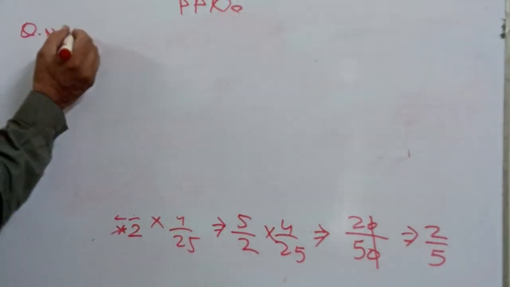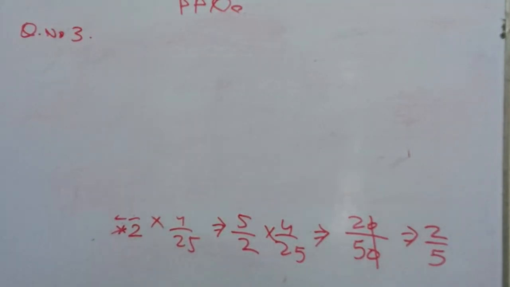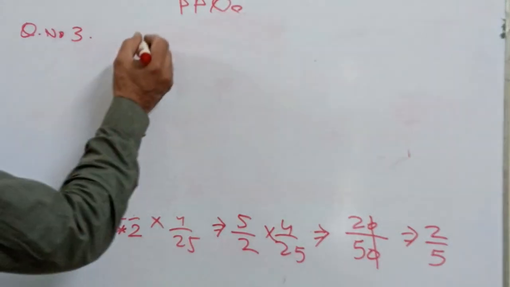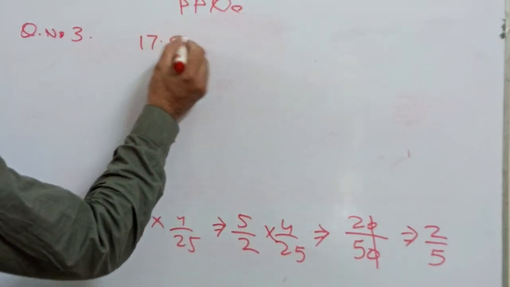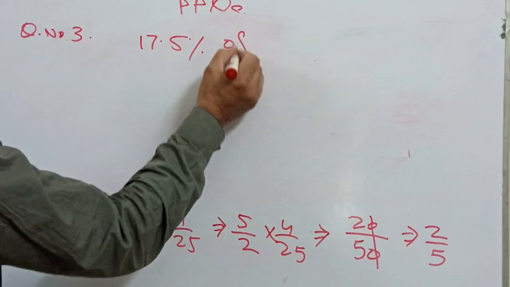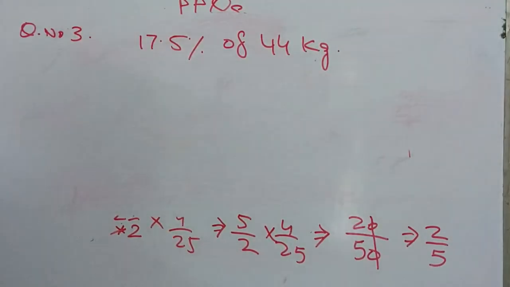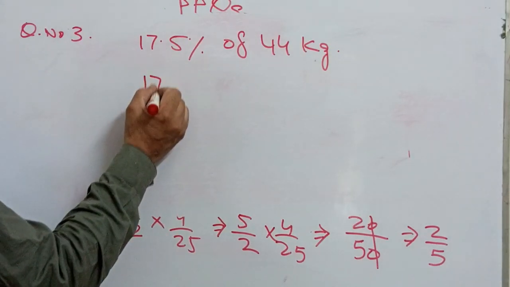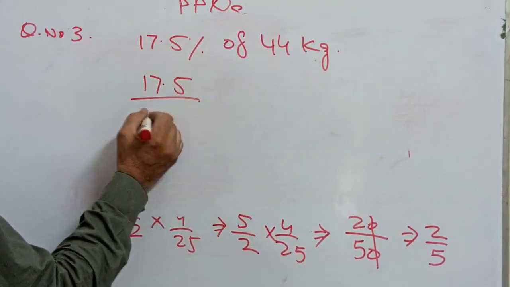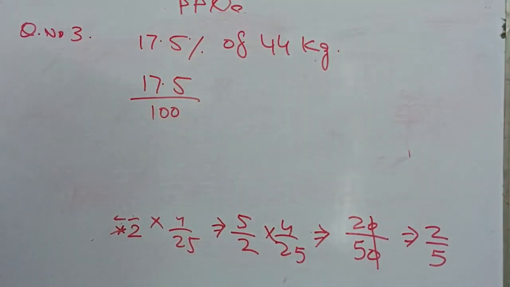I have to calculate 17.5% of 44 kg. 17.5% of 44 kg. This is the unit of kilogram. Very easy. Just change the sign: 17.5 divided by 100.